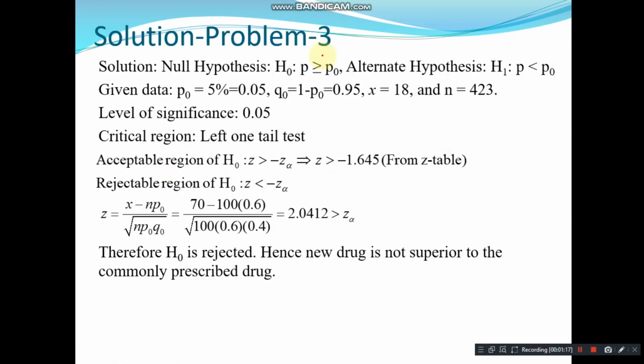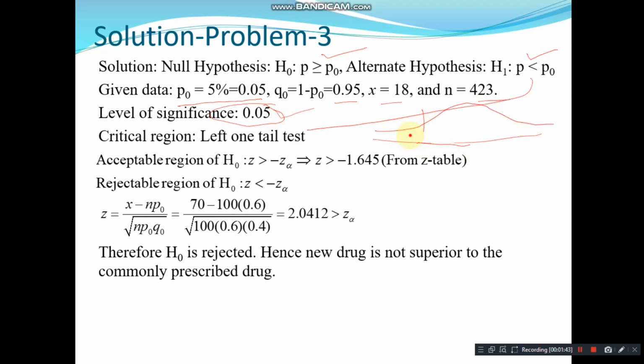Now see, P greater than or equal to P0 is the null hypothesis, and the alternate hypothesis is P less than P0. The P0 value is 0.05. Accordingly, x is the favorable outcomes of the sample. The level of significance is not given, so we are just assuming 5%, and because the alternate hypothesis is less than, it is a left-tail test.